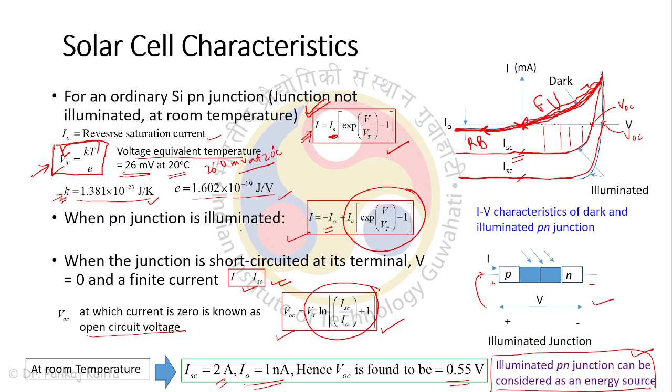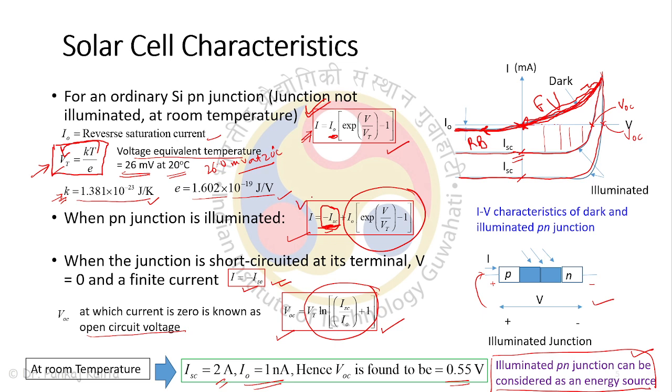Now if you are illuminating this p-n junction, what happens is that the ISC term is included. This sign is negative because it occurs in the opposite direction, opposite to the flow of the electron, right?